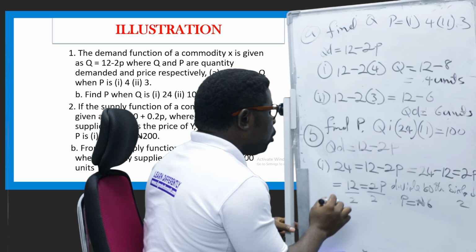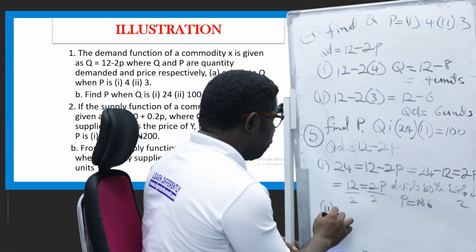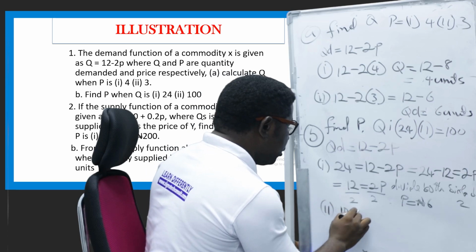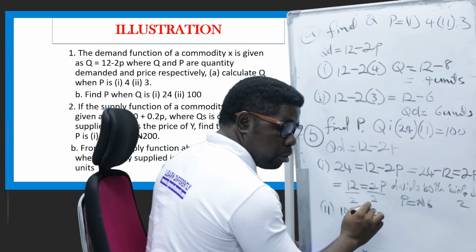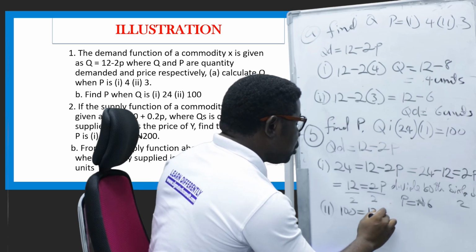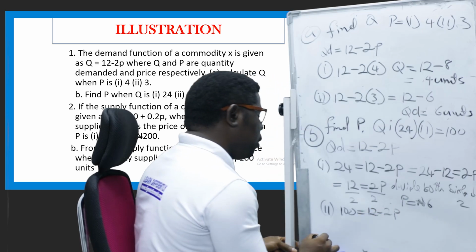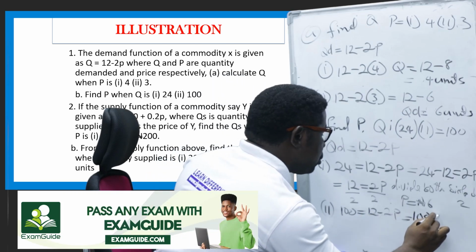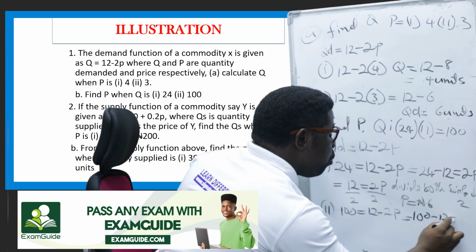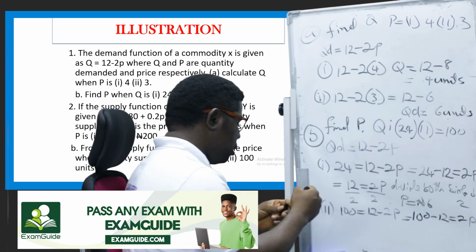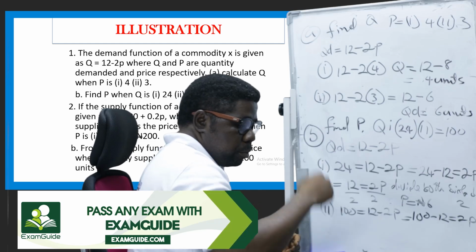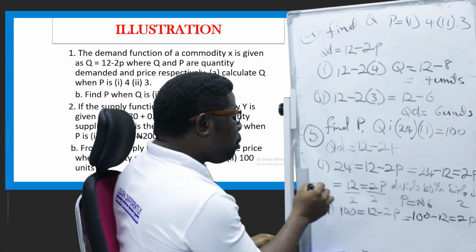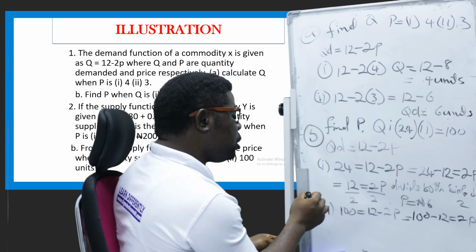So for the B part, II says we should look for P when Q is 100. So we'll have 100 is equals to 12 minus 2P. All right? Simple term, just 100 minus 12 equals to 2P. So we have 100 minus 12 is 88.